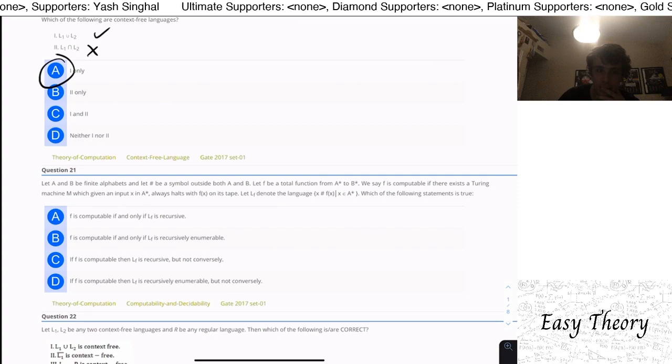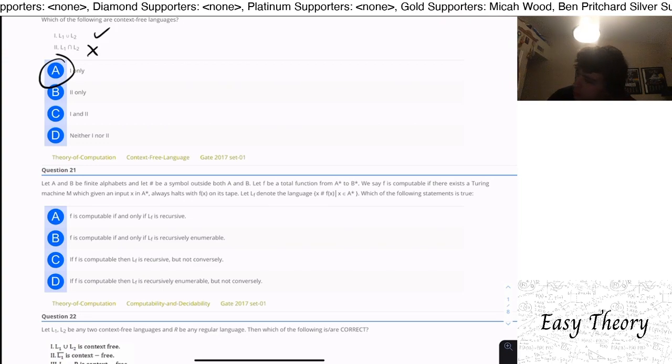So let's see. If F is computable, then L of F is decidable, and if L of F is decidable, then F is computable.